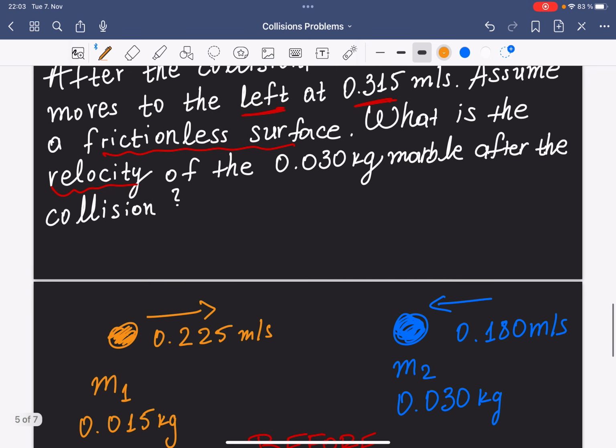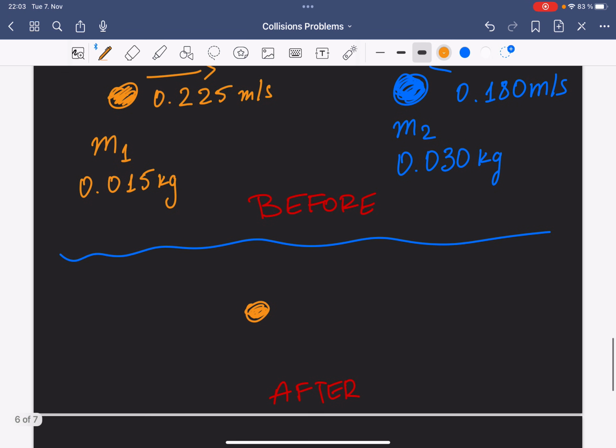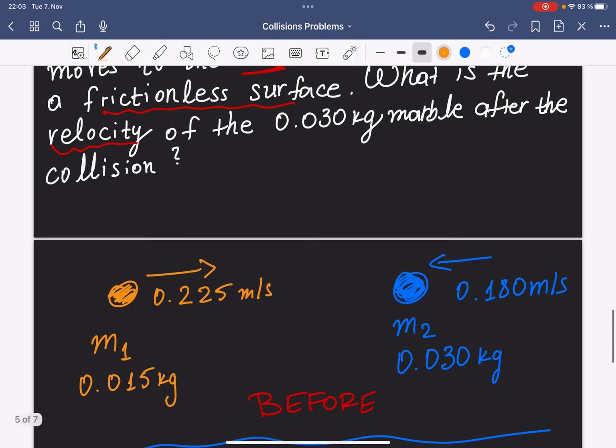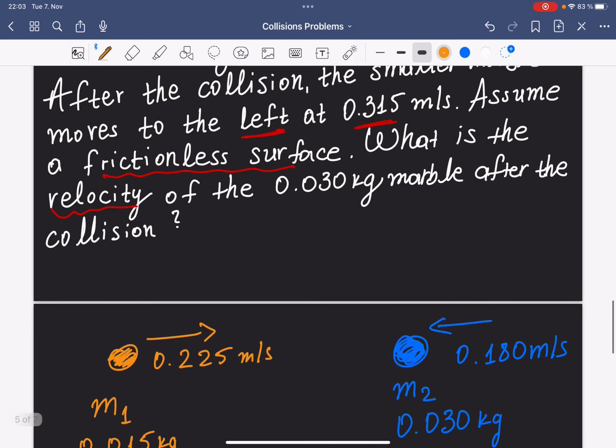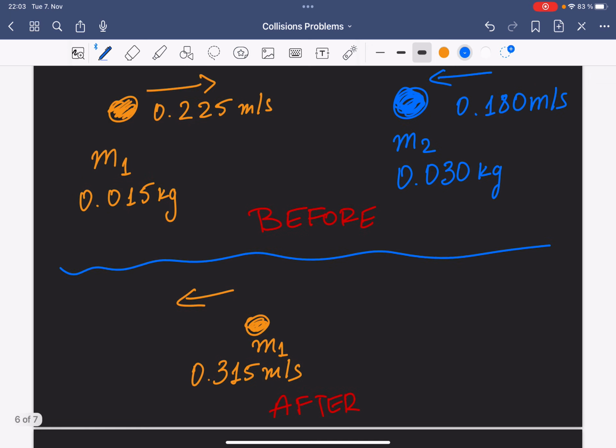Let me check again. The smaller marble will move to the left, and that's M1, at 0.315 meters per second. Now, what's happening to M2?